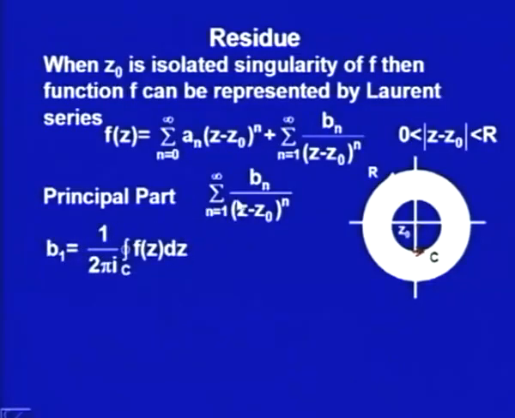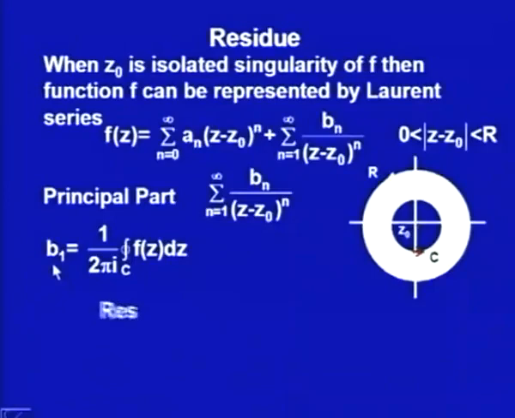We had also learned that, especially for n equal to 1, b1 would be 1 upon 2 pi i times the integral of f(z) dz, because the b_n's we had defined as 1 upon 2 pi i times the integral along this closed contour of f(z) upon (z minus z naught) to the power minus n plus 1. So when n is equal to 1, the denominator will not be there, and I would get simply f(z).